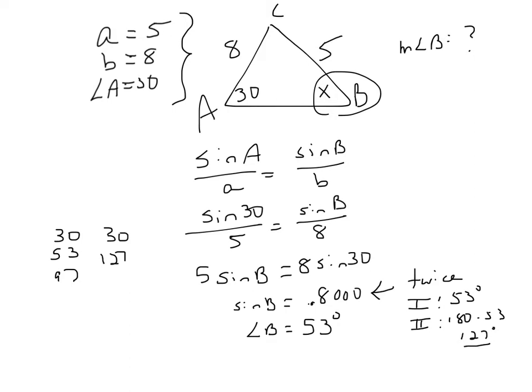What you need to ask yourself then is there enough left for a third angle at C? And because 127 and 30 add up to 157, I can say, yep, I'm left with another 23. Both of these meet the criteria for a triangle. So in this case, there are two triangles that are able to be formed.